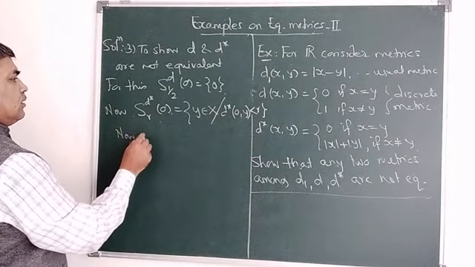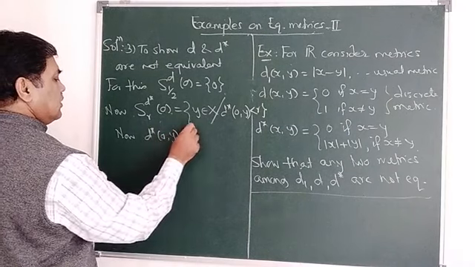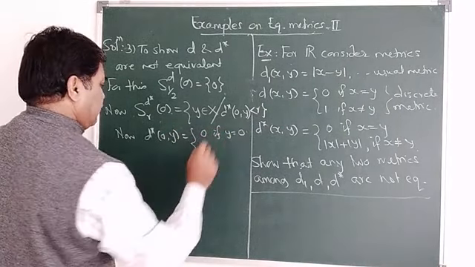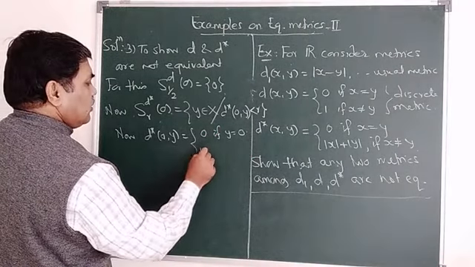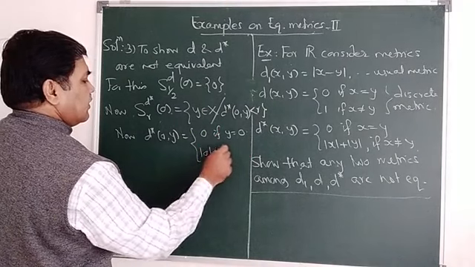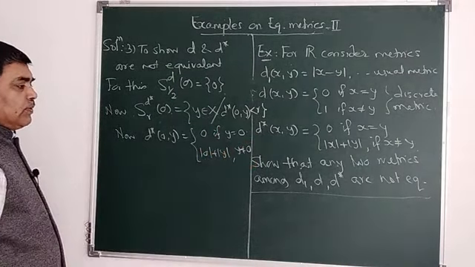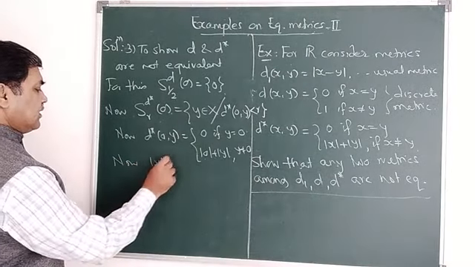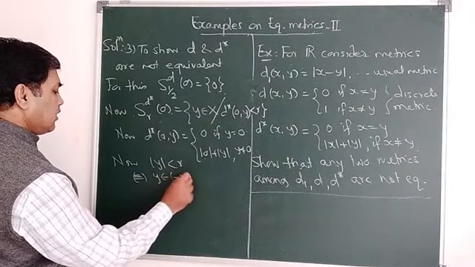Now D star of 0 y is equal to 0 if y equal to 0, and it is equal to mod 0 plus mod y for y not equal to 0. Now mod y is less than r if and only if y belongs to minus r to r.